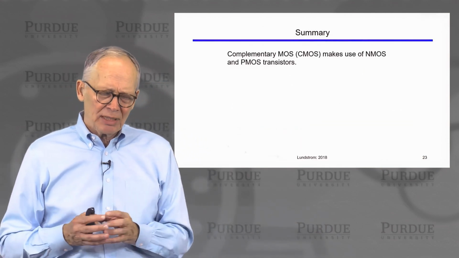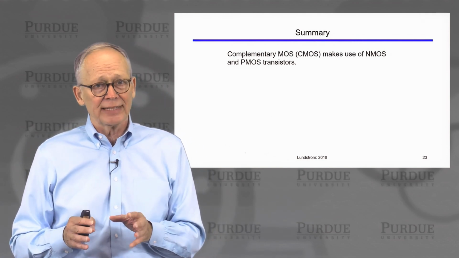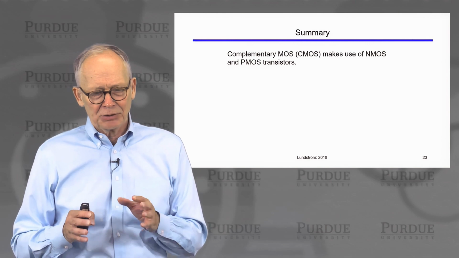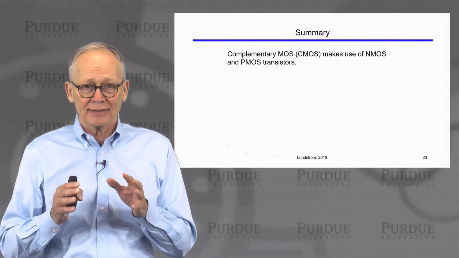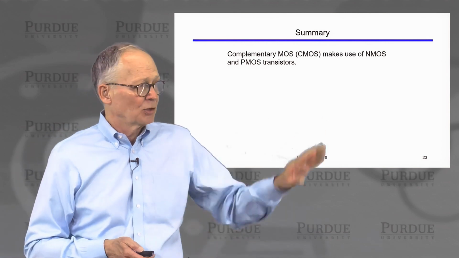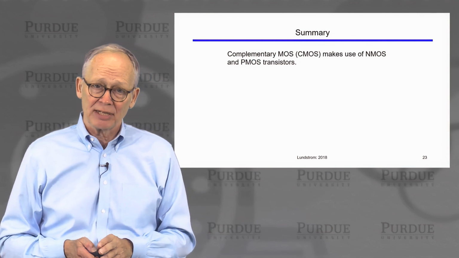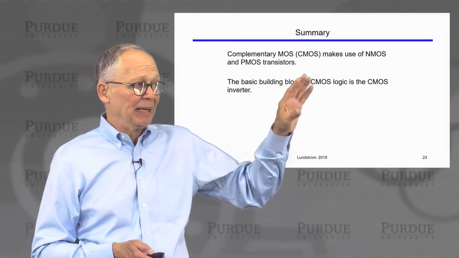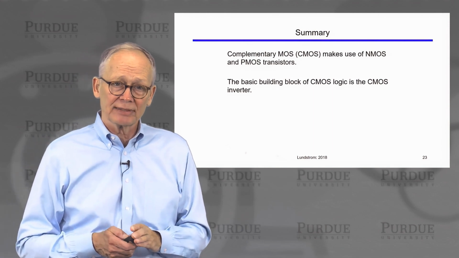So we've talked about a lot of things, but there are really only a few major points that you need to understand about digital circuits in order to appreciate how transistors affect the performance of digital circuits. So we build digital circuits with complementary devices, both N-channel and P-channel devices. The basic building block is the CMOS inverter, which has some wonderful characteristics.